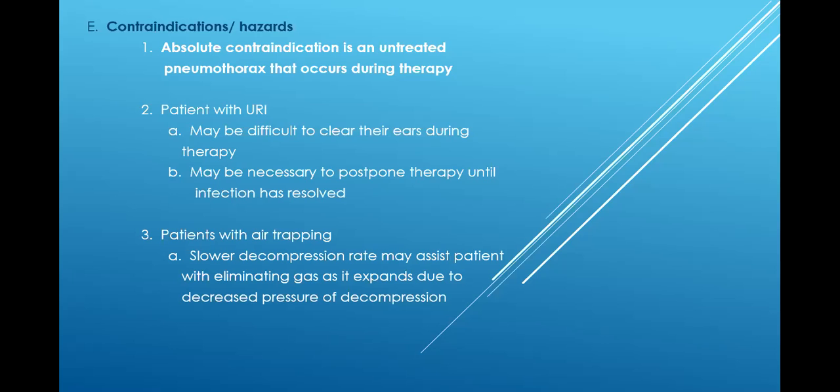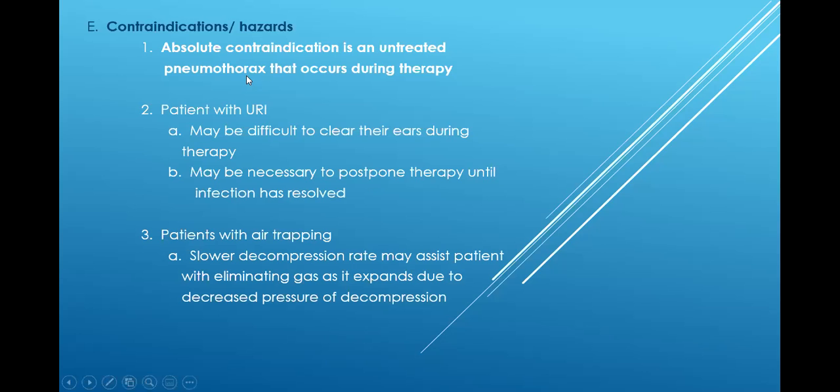It expands. So you don't want to have a whole bunch of air in there and then it expands. It's going to be sharp pains in the chest. You know how gas can be, you get a sharp pain. It's like, ooh, I got gas. You think you're getting a heart attack, right? Well, if you have that gas in there and you're doing hyperbaric therapy, it can expand that gas even more.